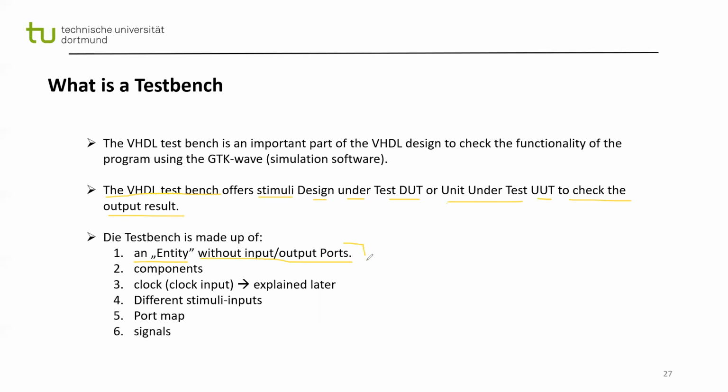This is the entity declaration part, and in it we have no input or output ports. We can also have components in our Testbench, a clock, which we will explain later, and the different stimuli inputs, the inputs you give your signals to simulate the behavior of your program.